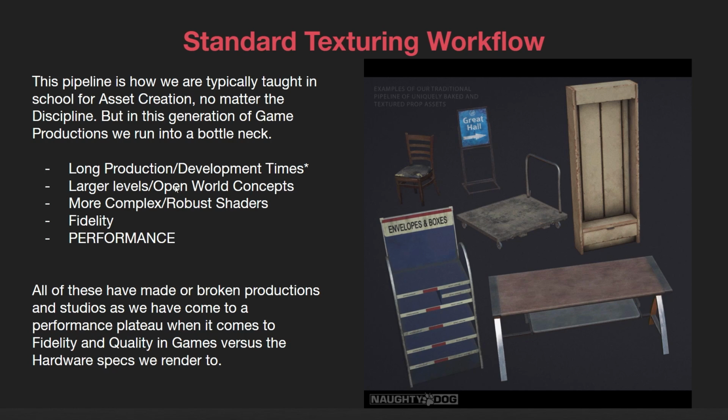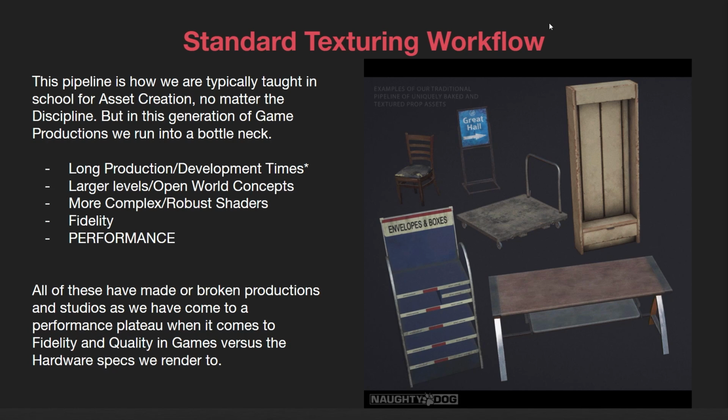The other things are, of course, more robust and complex shaders that take up more performance to make sure that we get the nice quality bar that we're trying to achieve. Other things like fidelity. In this case, fidelity just means things like having more polygons so things don't look as low poly, having more things that are actually changing or messing around. Basically, the big issue we've been having is just performance.